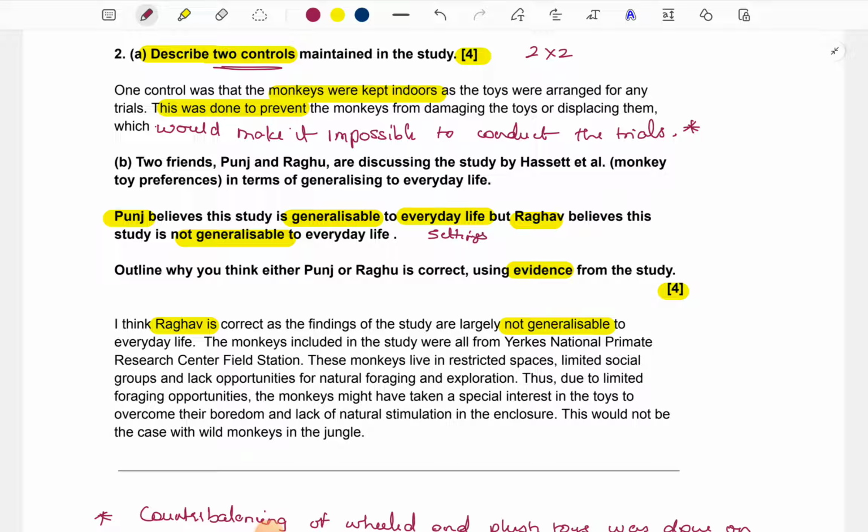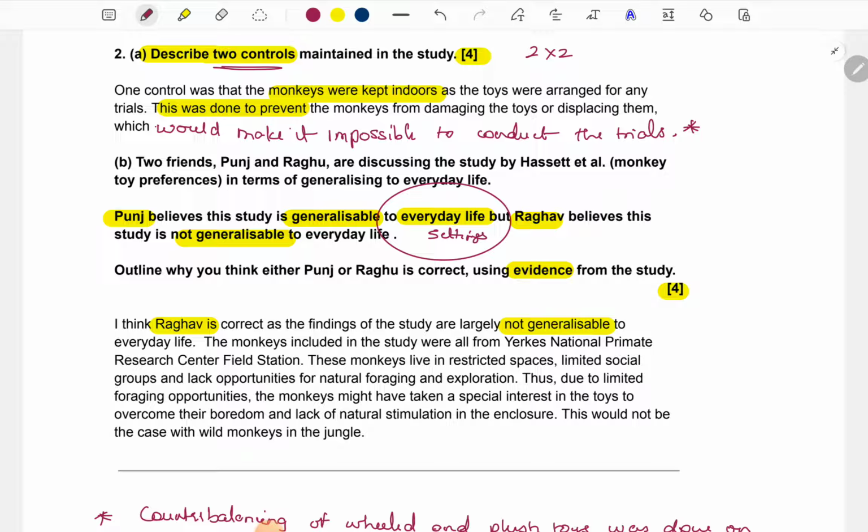Because if you write an answer in terms of either domesticated monkeys are not the same as wild monkeys, there you're confusing generalizability to everyday life with generalizability to the population. Or if you write then monkeys are different from humans, you are confusing extrapolation from animals to humans with generalizability to everyday life.